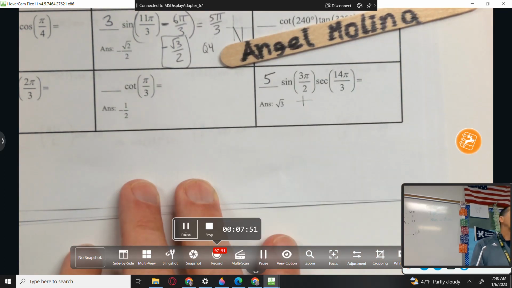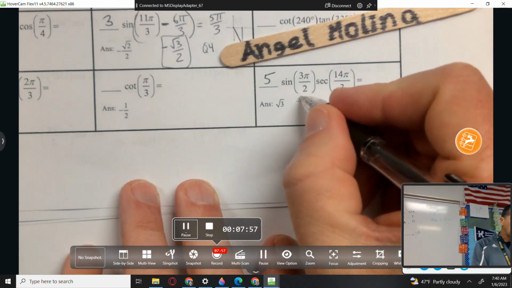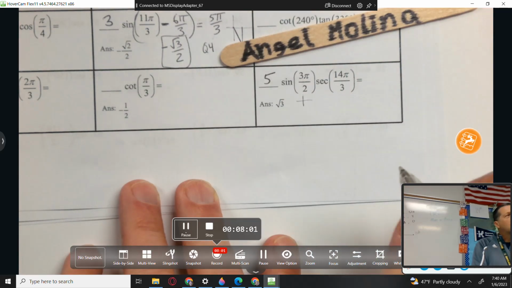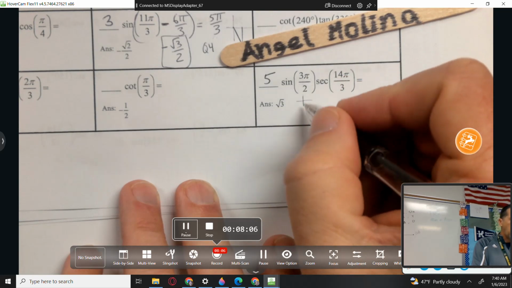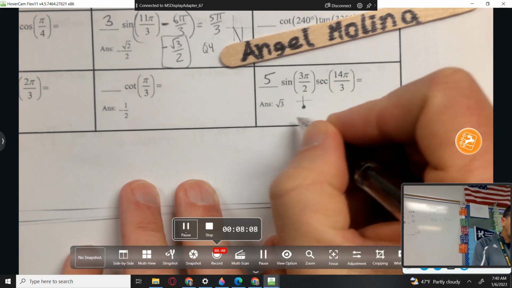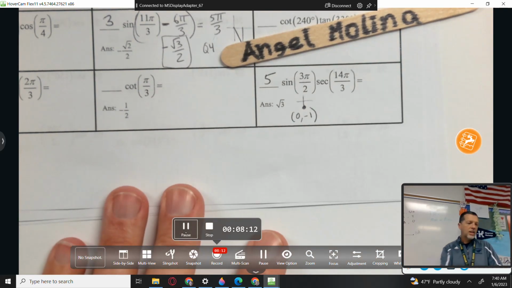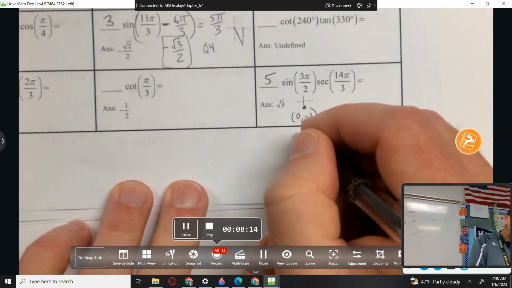That's a trick question. So where is 3 pi over 2 on the unit circle? It's not in a quadrant. It's one of the markers. Is it up, down, left, or right? Three pi over 2 is down here. So its coordinates are 0, negative 1. And the y coordinate then would be negative 1.